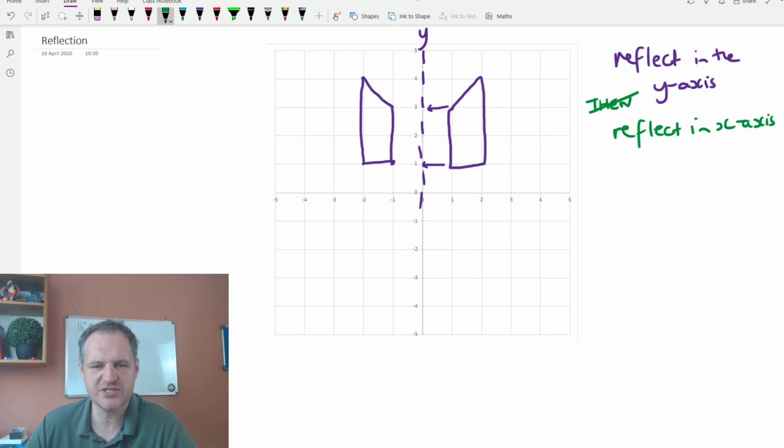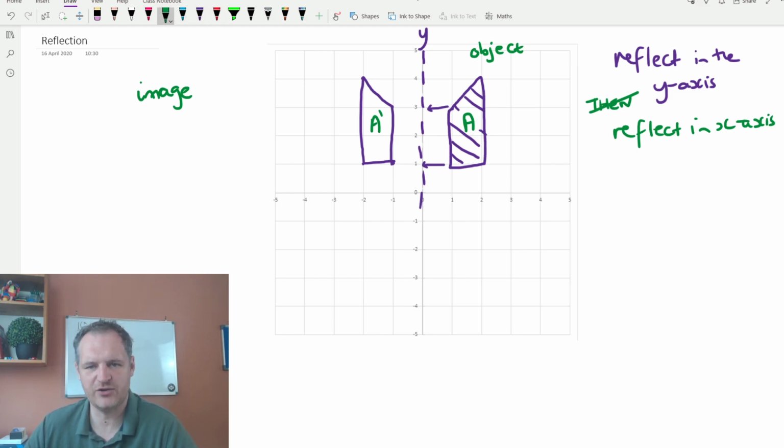We call this the image. That's A. That's A dash, because it's the image. The image is after you've taken the object, which was our starting shape. We started with that, if you remember. The image is what happens after it.